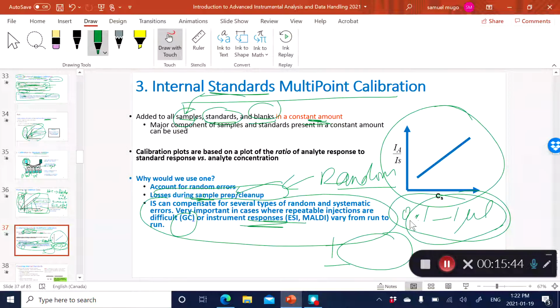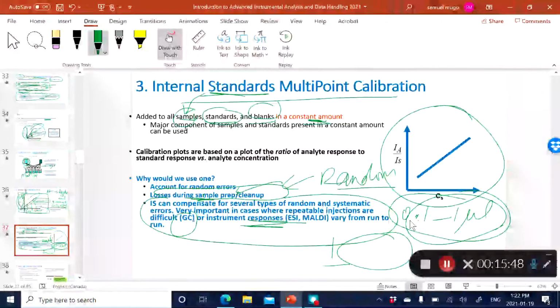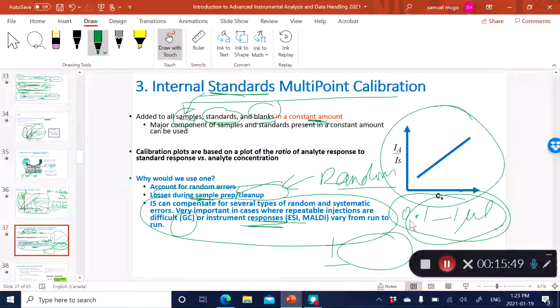So the only difference, in terms of the mechanics, between the internal standard and the external method is that on the y-axis, instead of just plotting the signal, you plot the ratio of the signal of the standard to the signal of the internal standard. All right. So you take the standard signal and divide it by the internal standard signal.